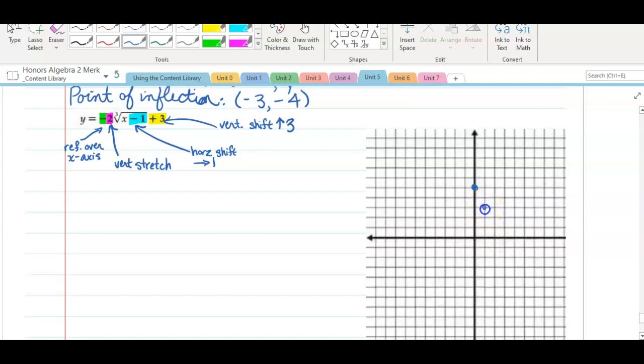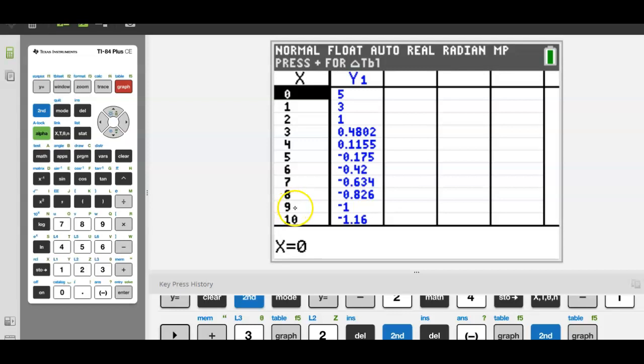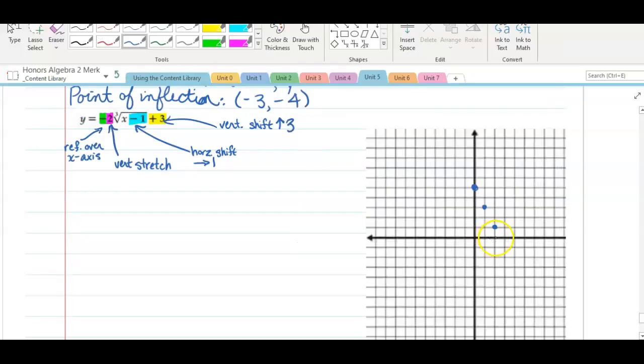What other nice points do we have here? Here's 9, negative 1. That has integer coordinates.